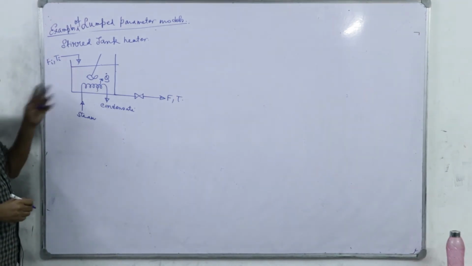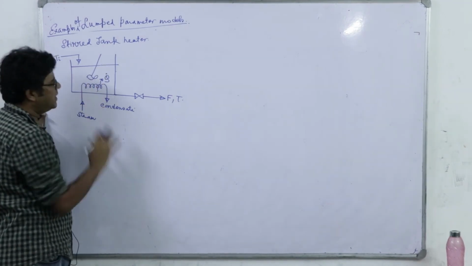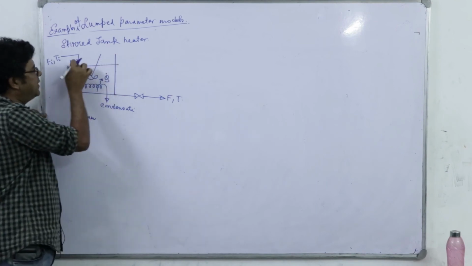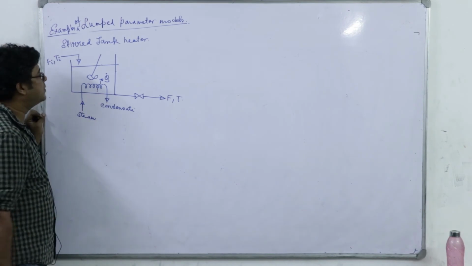Why is it a lumped parameter model? Truly, if I am feeding a very powerful stirrer, still there will be temperature variation, different temperature zones here; close to the heater it will be a high temperature.